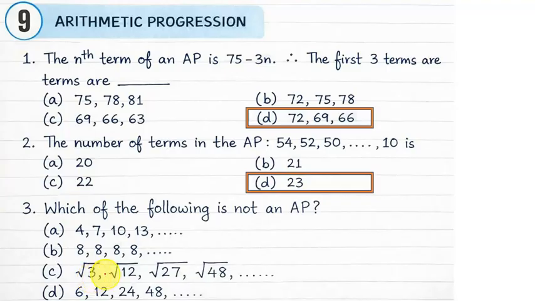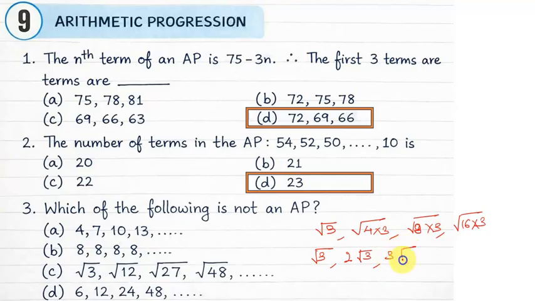What about the third one? Here is root 3. Now 12 can be written as 4 into 3. Again 27 can be written as 9 into 3, and 48 can be written as 16 into 3. If we simplify this, then here you will get root 3, root of 4 is 2, that is 2 root 3, root of 9 is 3, therefore 3 root 3, root of 16 is 4, that is 4 root 3.